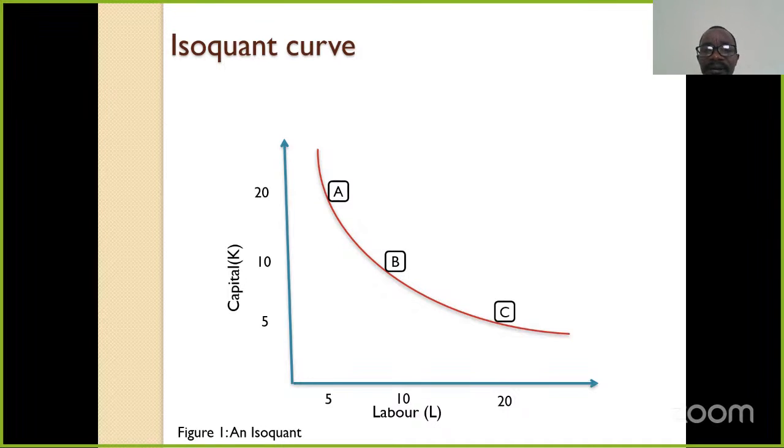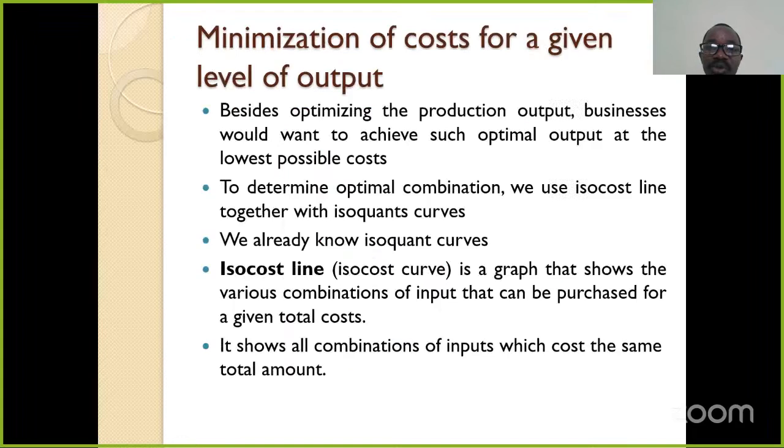But using the isoquant curve alone, you cannot tell the best or optimal combination. So you better think also of another way that will help you choose the best combination of inputs, considering the cost.